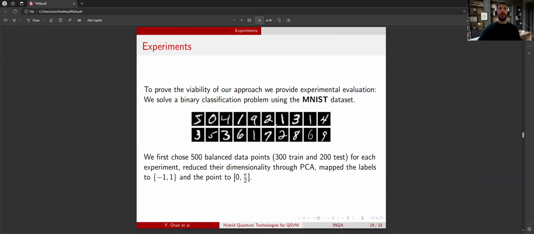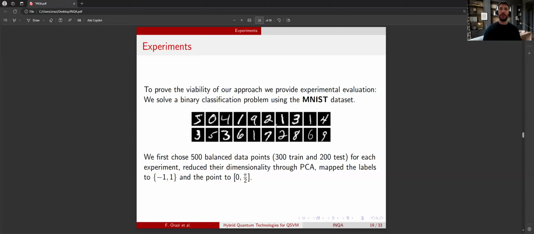As for the experiment, to prove the viability of our approach and not to achieve quantum advantage, obviously, we provided some experiments utilizing the MNIST dataset, the handwritten digit dataset.